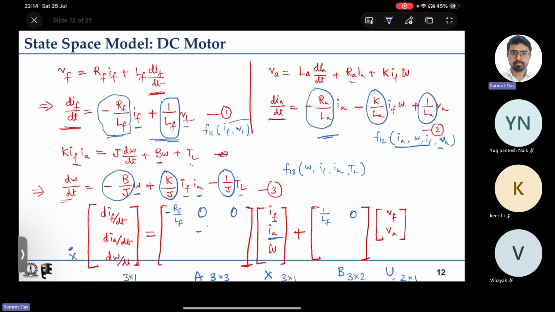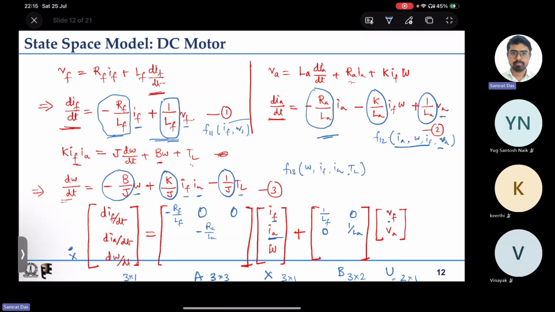So it is minus RA by LA, right? Now there is some complexity. Let me complete the input portion. It does not depend on VF, so corresponding to that it will be 0, but it depends on VA, so there will be some 1 by LA term.